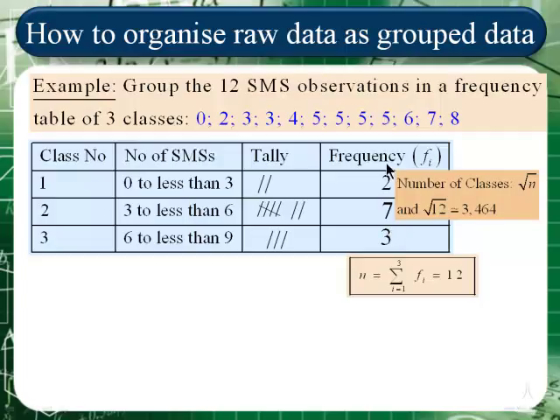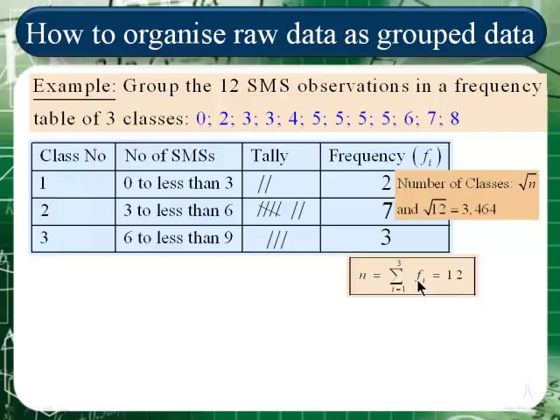Note the sum of the frequencies of the 3 classes. This notation means the sum of f_i for i from 1 to 3, so i can be 1, 2, or 3. If i is 1, we have f1, and f1 is 2.